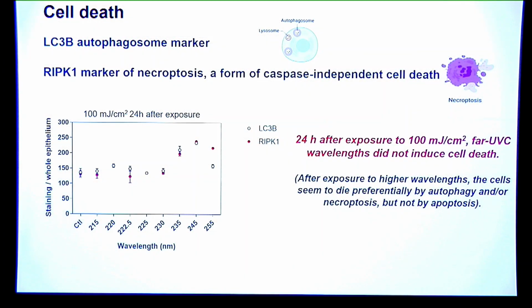And as you can see, 24 hours after exposure to 100 millijoule per centimeter square, far UVC wavelength did not really induce cell death. Cells are proliferating, they don't carry DNA damage, so they don't die.